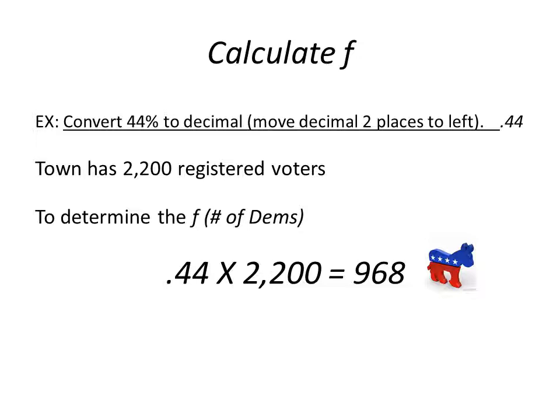The town has 2,200 registered voters. We are determining the frequency, or the number of Democrats. We have 0.44 times 2,200 equals 968 Democrats. I wanted to repeat that twice so you could see two times the calculating of the frequency.